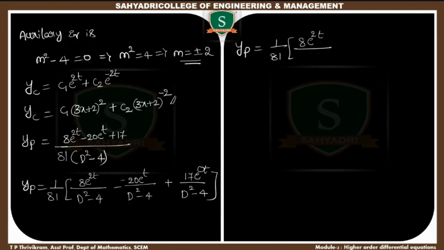You are getting 0. So if you are getting 0, what we need to do? Multiply t in the numerator. So you'll get 8t divided by differentiation of this. So you'll get 2d minus 20 e power t divided by 1 minus 4 plus 17 divided by, so in the place of d we have to substitute 0. So 0 minus 4.